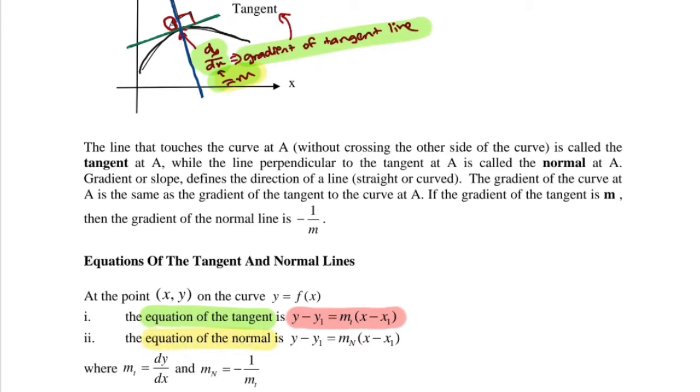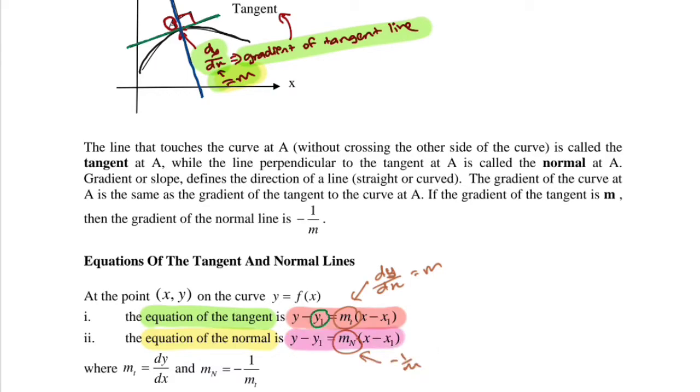But as you can see, the only difference is at the gradient part, because we would have different gradients. The gradient of the tangent is dy/dx, which is equal to that value of m, and the gradient of the normal would just be -1 over that m.